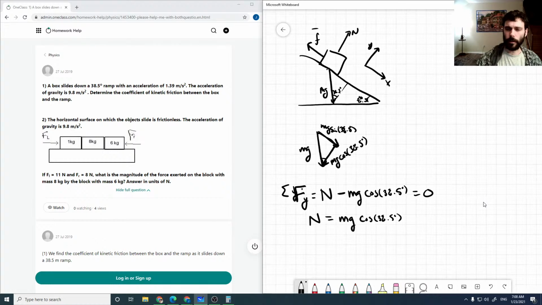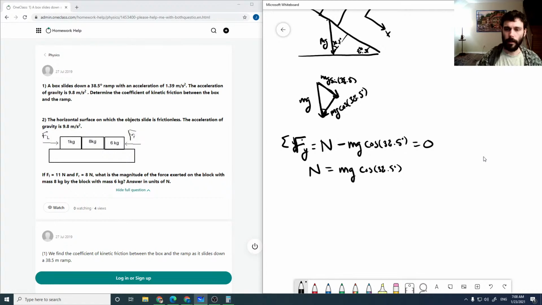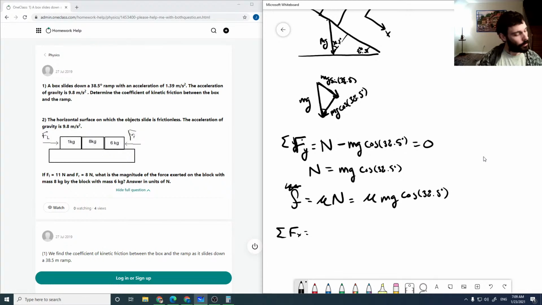Okay, and now if we look at our x direction and using our friction force is mu N, so it's mu mg cosine of 38.5. Our sum of x forces, going in the positive x direction is our mg sine 38.5.